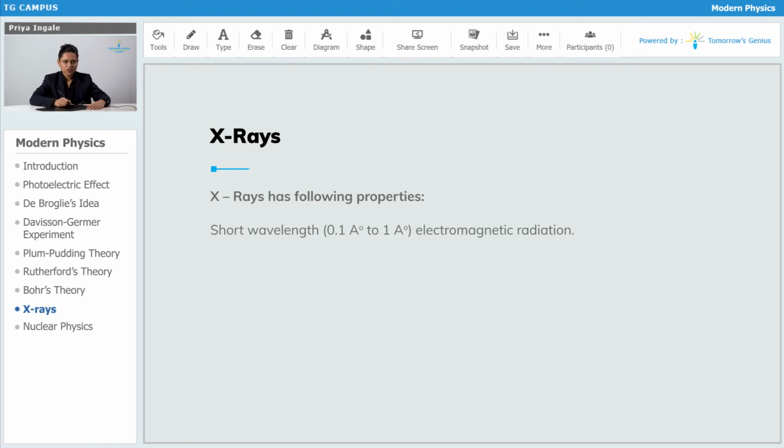So as we have just seen, with presence of particular potential, high potential I must say, electrons get accelerated towards the tungsten target, and when they hit the target, X-rays are emitted.